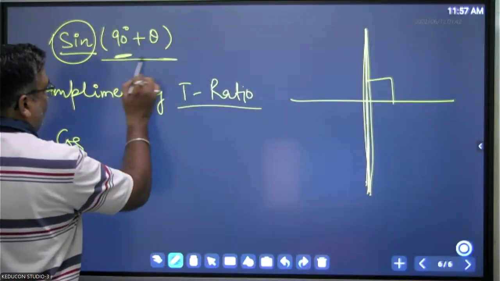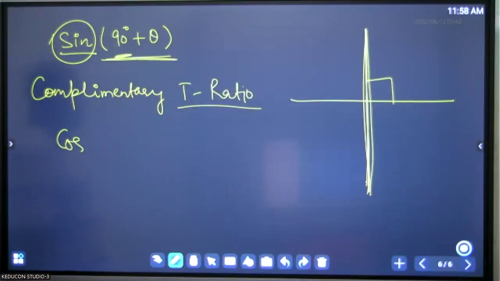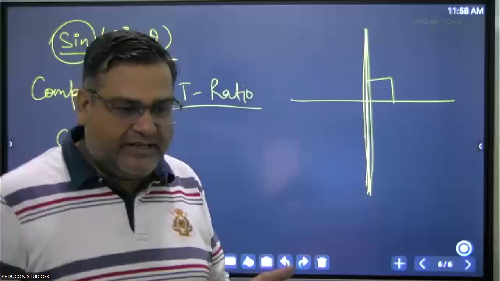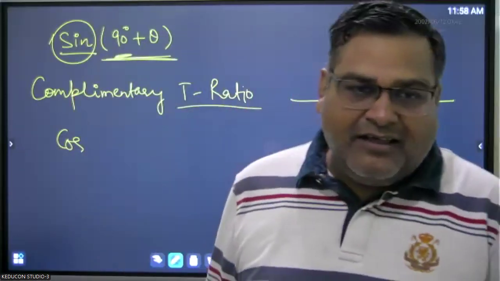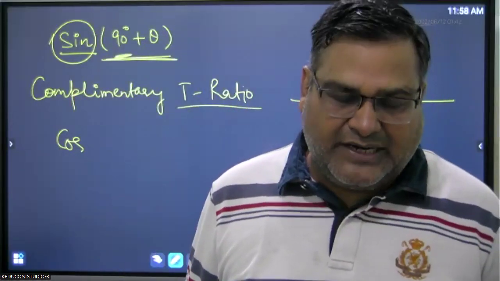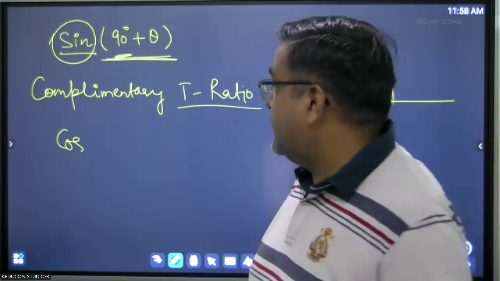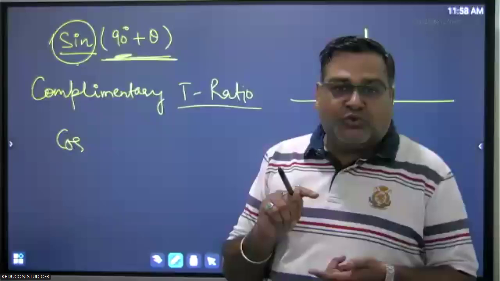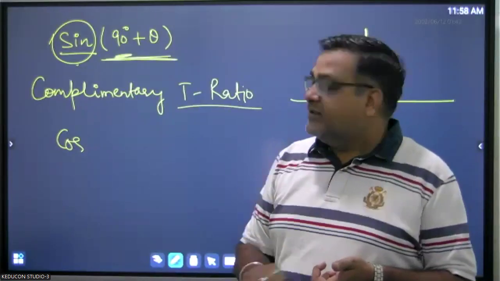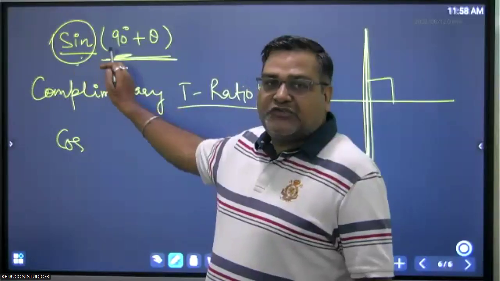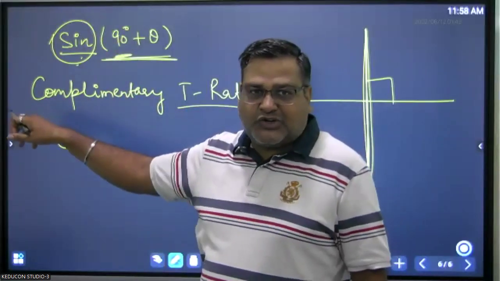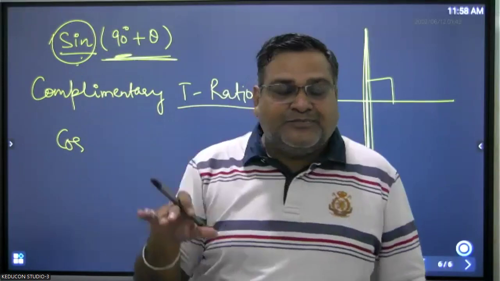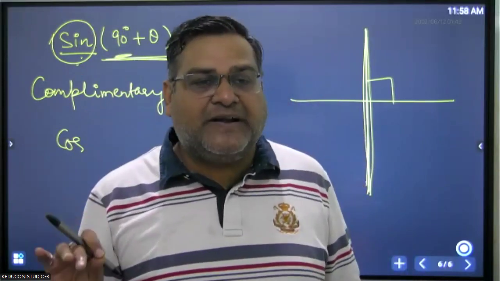Now in the angle 90 plus theta, theta is an acute angle. So 90 plus theta will lie in the second quadrant. And in the second quadrant, is sine positive or negative? So there are two things we have to check. One is whether you will change to the complementary t ratio or not. Another is the sign of the trigonometric ratio.